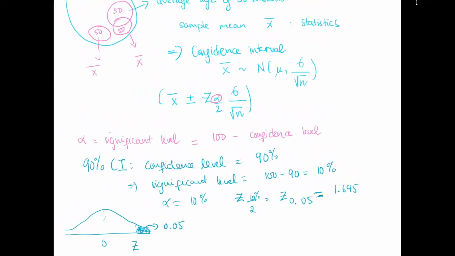And this formula here, you should notice that it only works when you know the standard deviation of the population. So this one represents the population standard deviation. If somehow you know the population standard deviation, then you can use this formula.